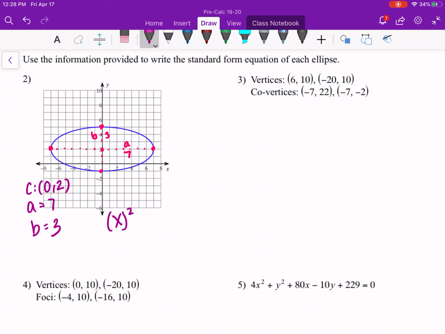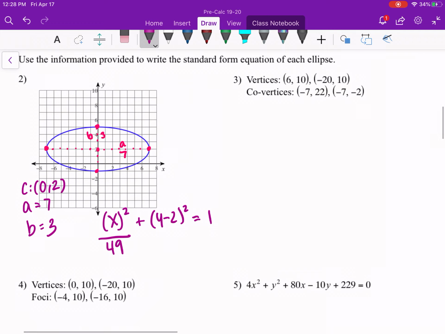We went over that in the last video. Flip the sign, y minus 2, set it equal to 1, and then we look. A is in the horizontal direction. The longer value goes left and right. So that means that a squared is going to go under x. And then the b value, the smaller value, goes up and down, which means b is going to be under y, which is 9. Moving on to number 3.